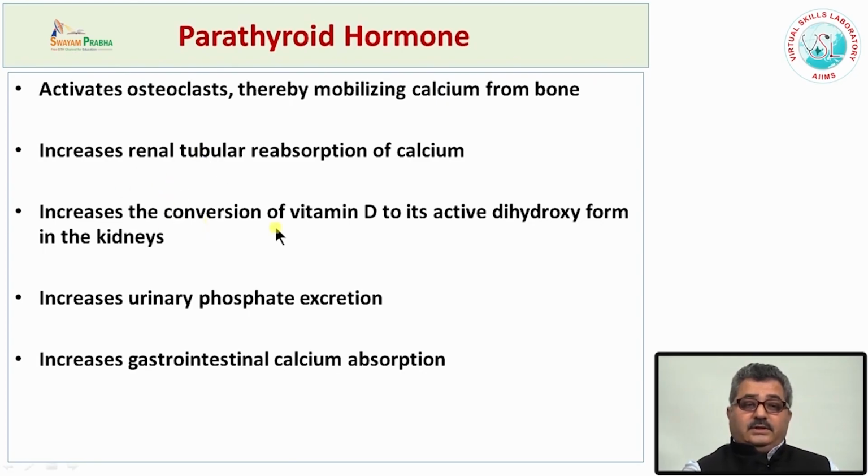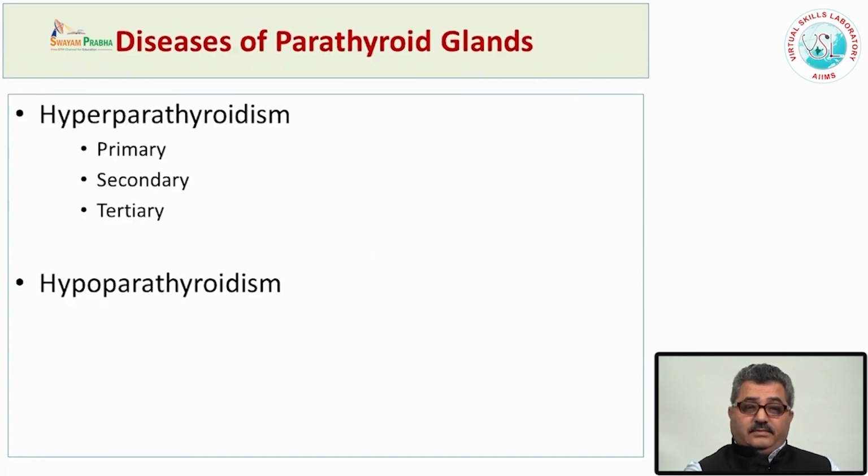It also increases the conversion of vitamin D to its active dihydroxy form, which is involved in calcium metabolism. It increases the urinary phosphate excretion, thereby causing more reabsorption of calcium from the tubules. It also increases the calcium absorption from the gastrointestinal tract.